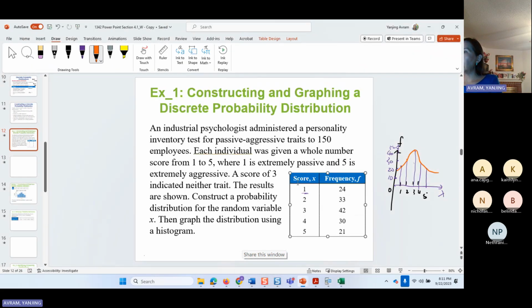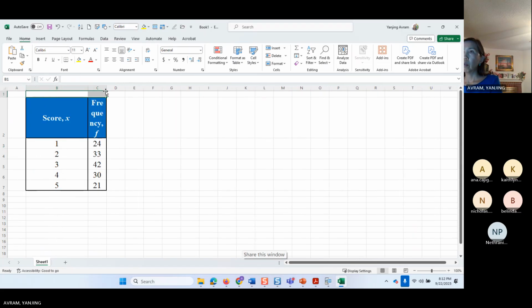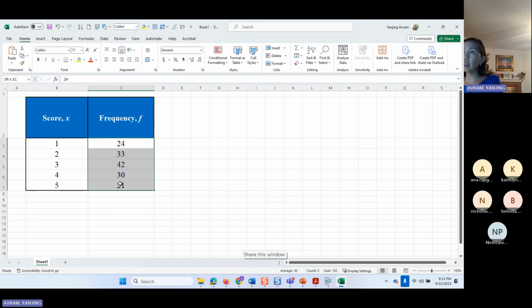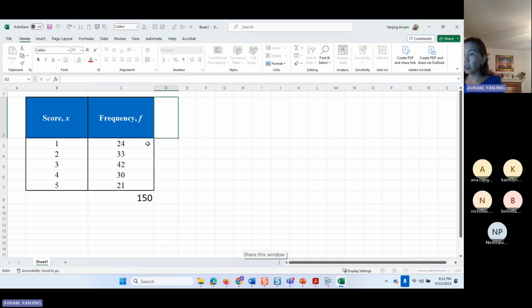Basically we add all of the frequencies. You're going to add a sum. The big sigma is the sum, right? So my sum here is 150. Okay, so this is my probability or my percentage, basically. All right, so this is my percentage in here.